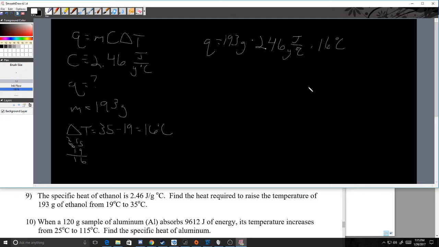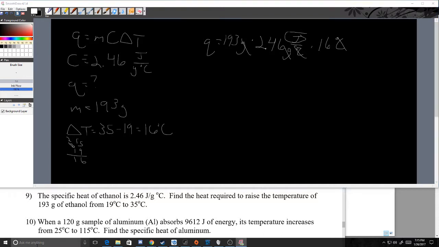Just like with any other equation, there is a way to make sure we are doing it correctly. Grams on top, grams on the bottom. Degrees Celsius on top, degrees Celsius on the bottom. Let's cancel those out. The unit I'm left with is joules, which is what heat is measured in, so we're good there.